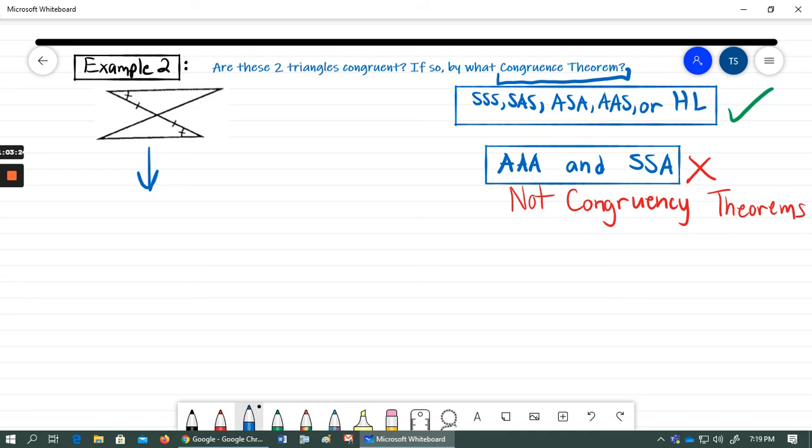In other words, they may not actually have certain markings on your diagram, but you should recognize these types of angles right here. This one and that one. You should recognize what type of angle pair this is.